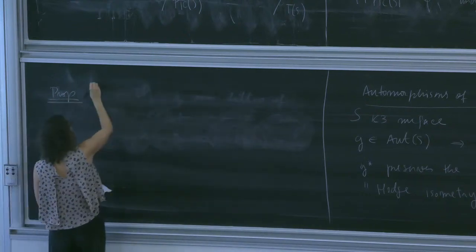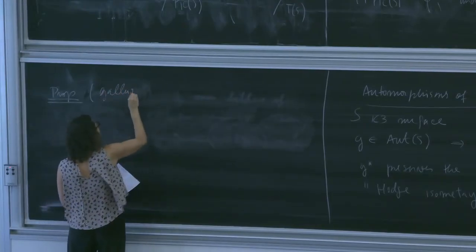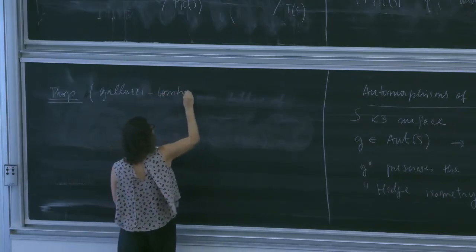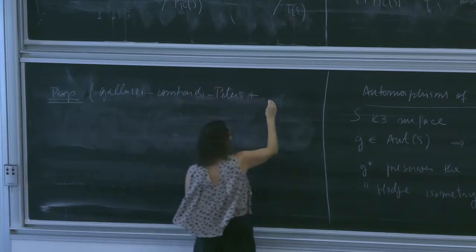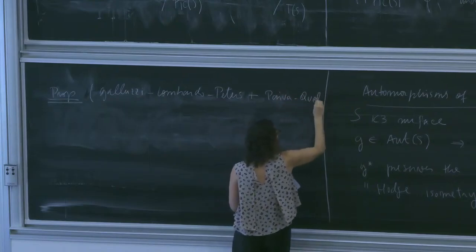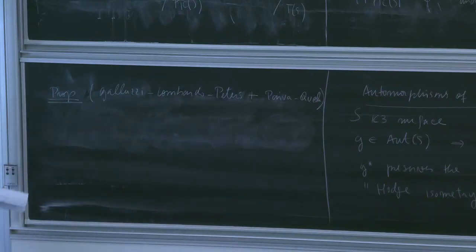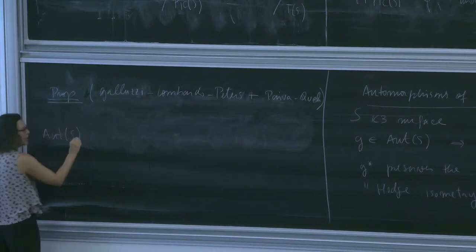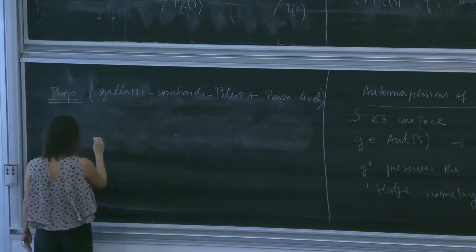I'm putting together results of Galluzzi, Lombardo, and Peters, together with results of Paiva and Kedo. And basically, this tells you what are all the possibilities for the automorphism group of such a quartic. So this is one of the following.